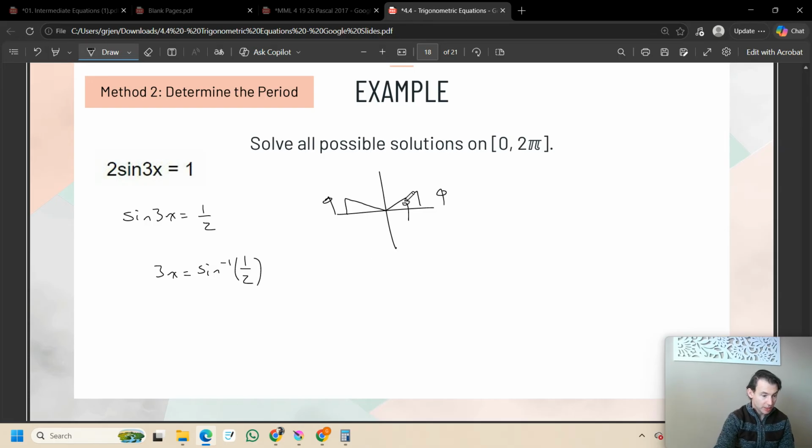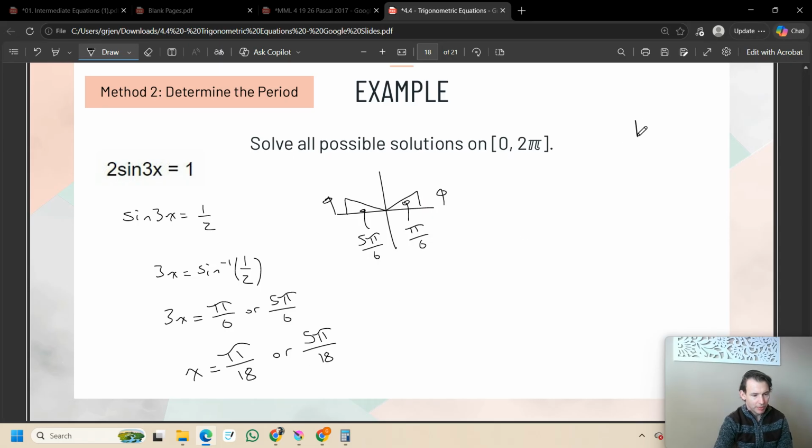So this is pi by 6, and this is 5 pi by 6. Okay, so now I have 3x is equal to pi on 6 or 5 pi on 6. So now I divide both sides by 3. So that gives me x is equal to pi on 18 or 5 pi on 18.